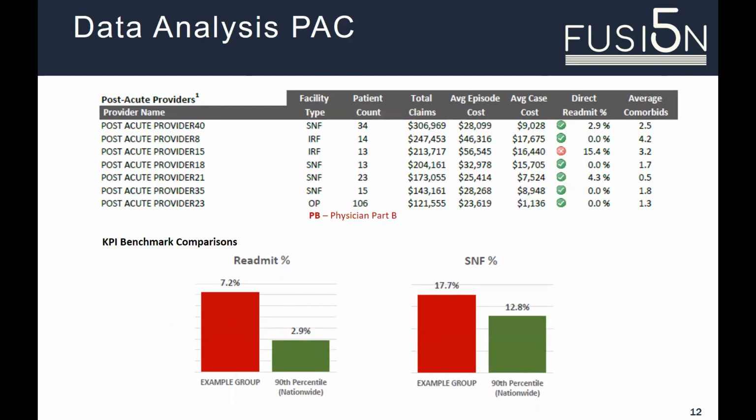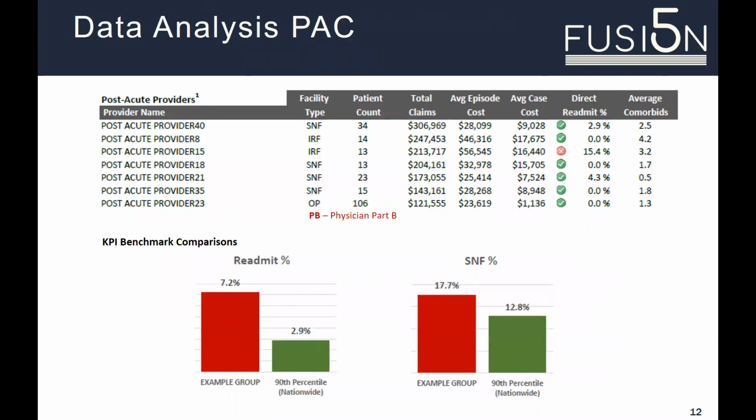So as somebody that's working in this program and trying to identify who that preferred network should be, I'm going to spend some time here looking at these issues across the board. According to this report, it looks like there's 4 different skilled nursing facilities that we're sending patients to. Now, you've got one that has 34 patients with an average cost of $9,000.